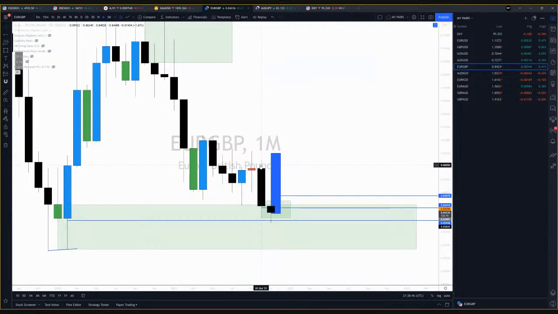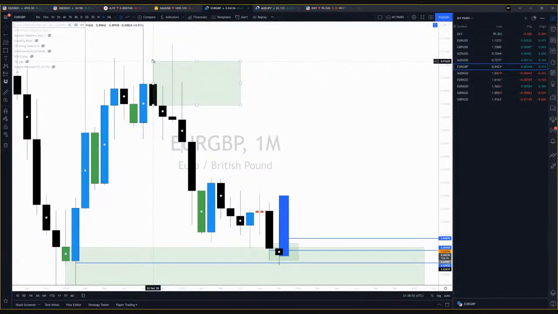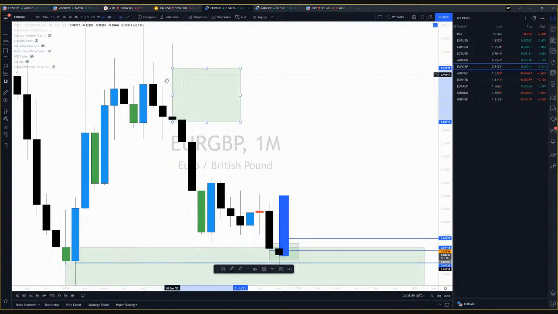So what you're gonna do, you're gonna look up and then find a swing where price closed. So this one here, 1 2 3, that's a swing. This is the candle that we closed below. So I'll be interested in price coming up here. So if this candle closes as it is, then I'll be expecting price to continue going up.